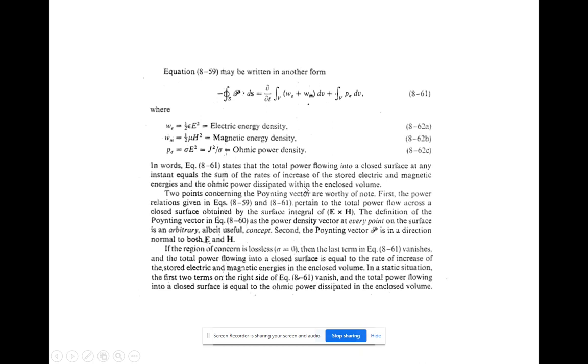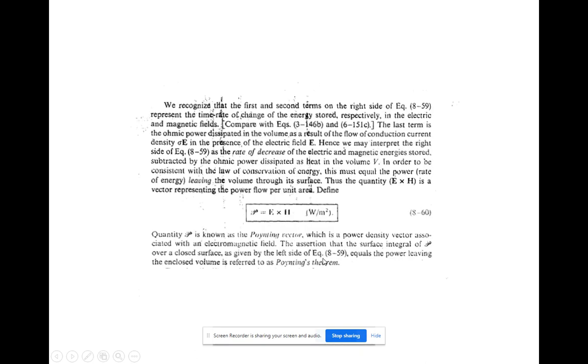So the total power flowing into a closed surface will be equal to the ohmic power dissipated in the enclosed volume, which happens in the case of a static field. In the case of a lossless medium, you will be obtaining only this term. In the case of a static field, you will be getting only this term, and the other term will be 0. That's all. This is the Poynting vector, or Poynting theorem.